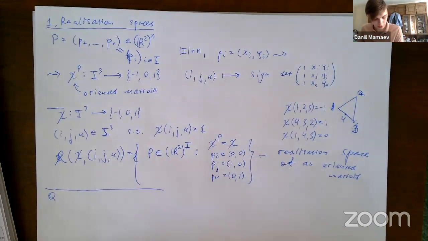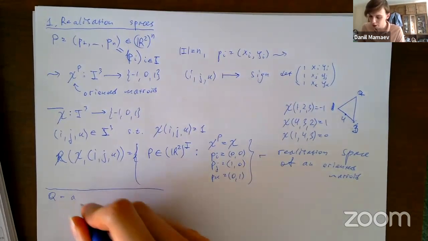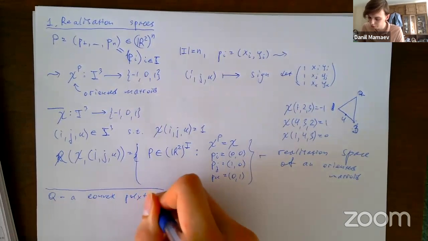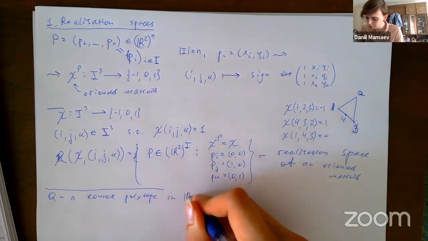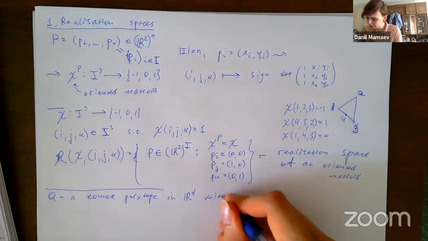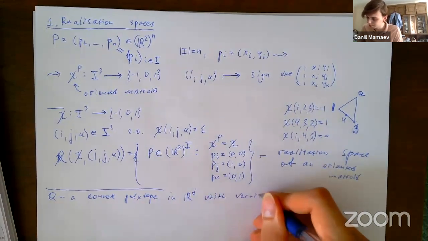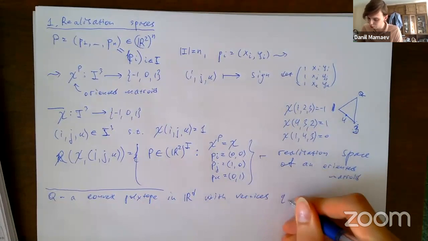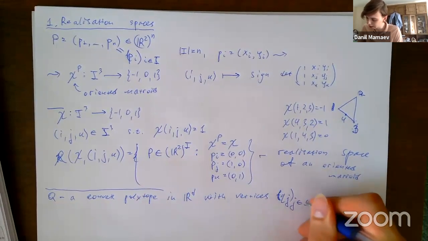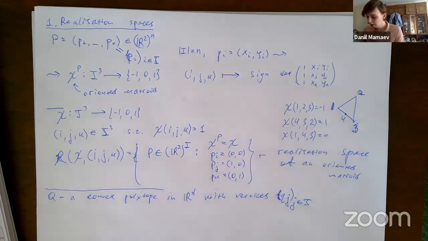Then let me define the second type of realization spaces we'll consider. Let Q be a convex polytope in R^d with vertices, say q_j. Let's number them by index j.